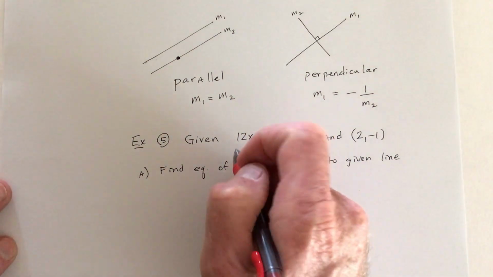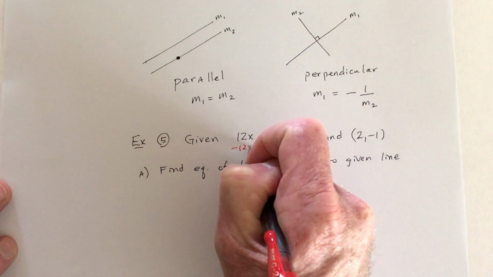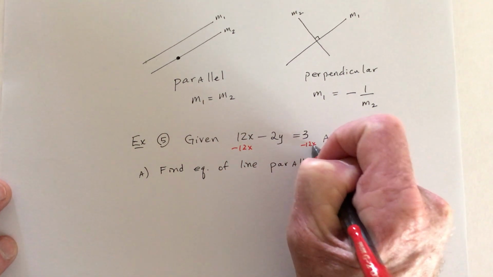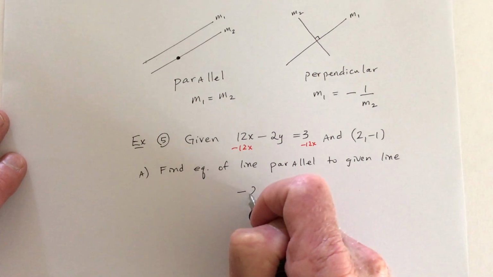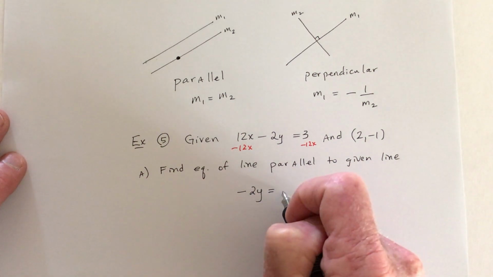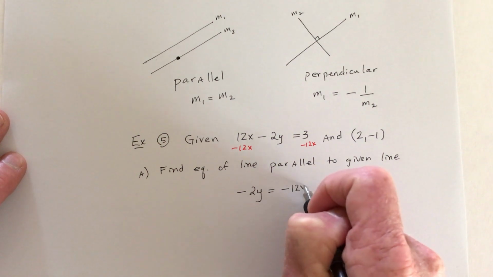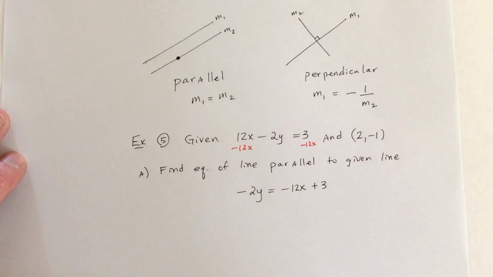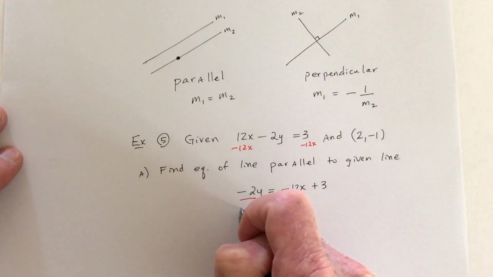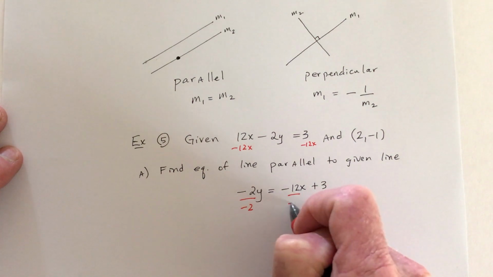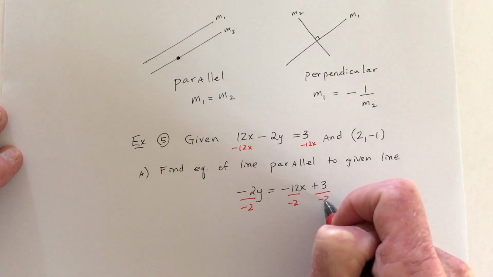So one thing I could do is subtract 12x from both sides. So then I would have negative 2y on the left side, and then I would have negative 12x plus a 3 on the right side. And then the last thing to do to solve for y is just get rid of this negative 2 by dividing everything by a negative 2.